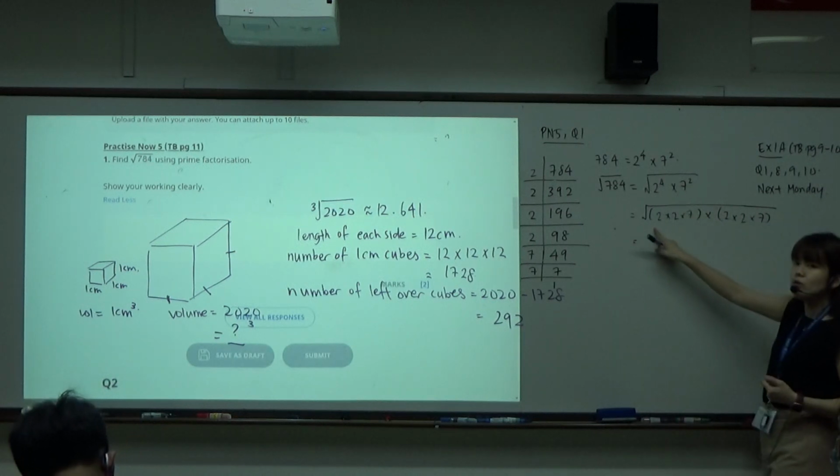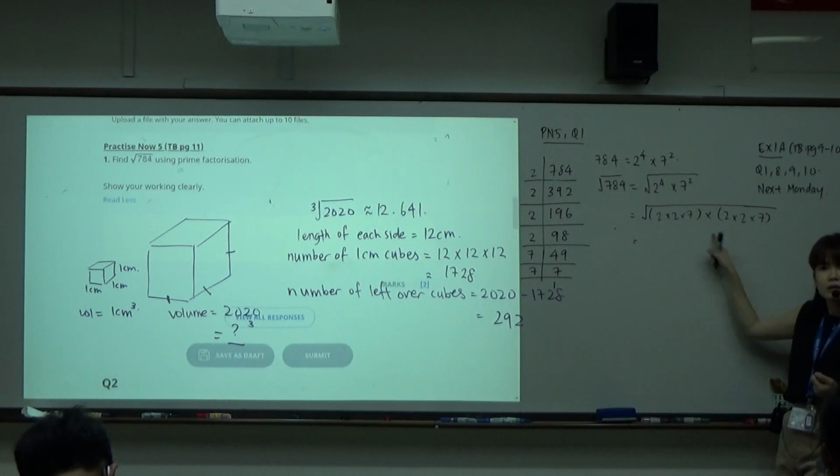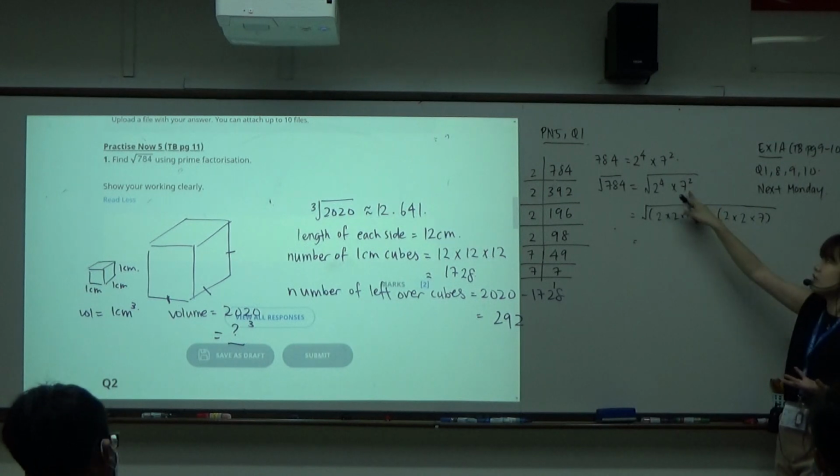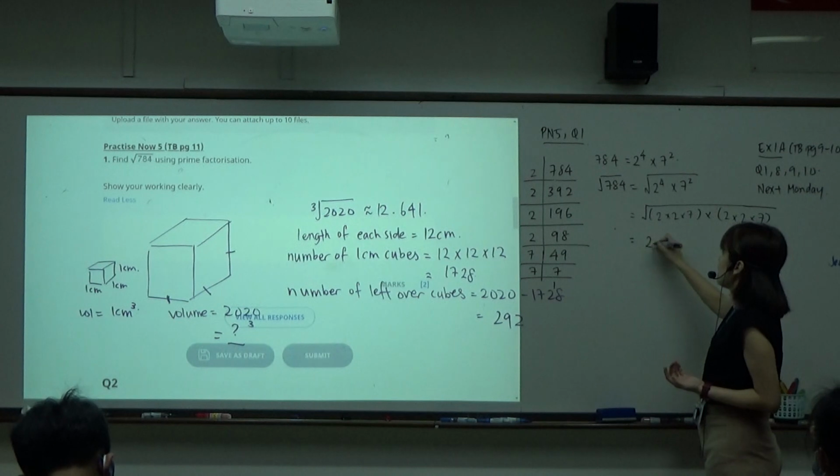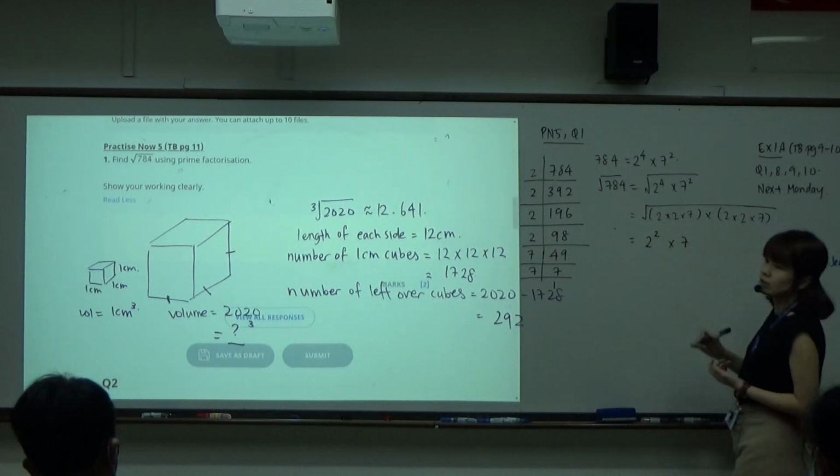So actually, do you need to write down this step of working? You wouldn't really need to, because immediately from here, you will be able to tell that I will have 2 squared times 7.